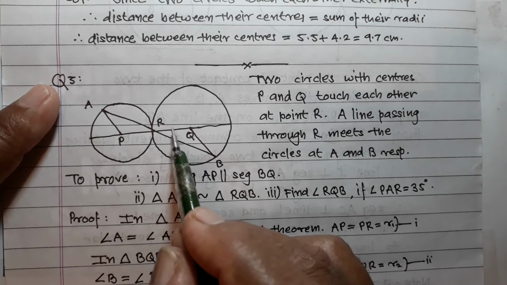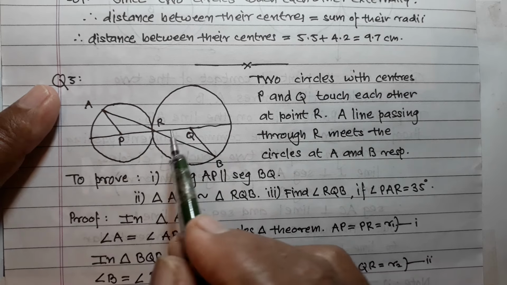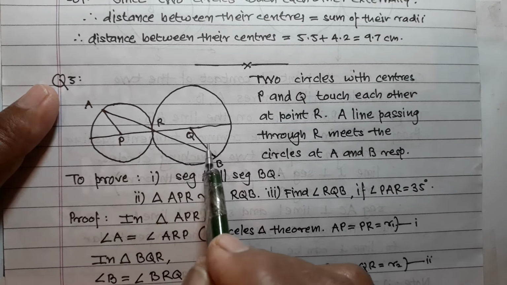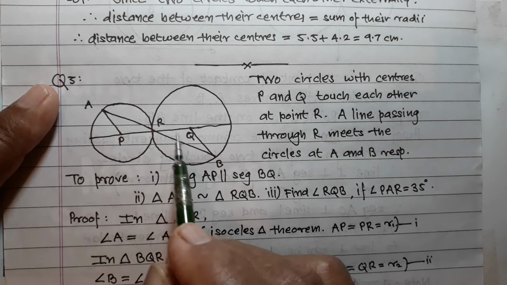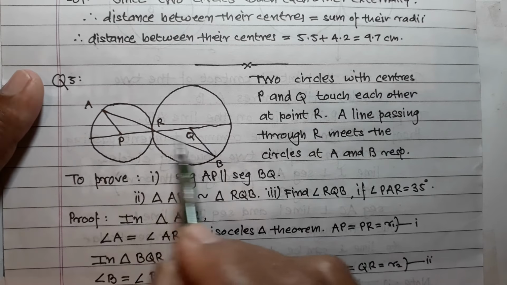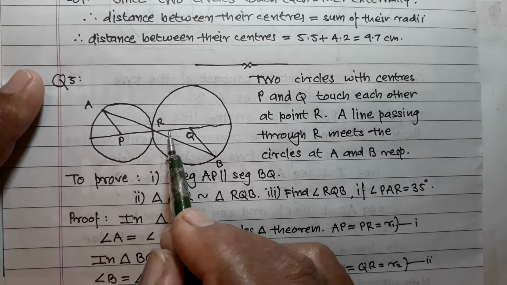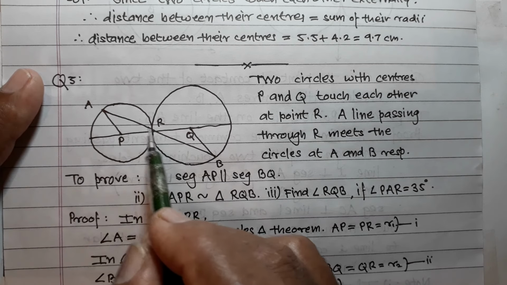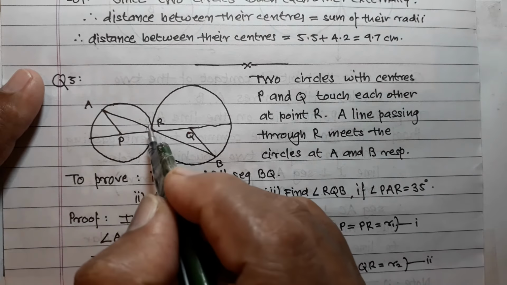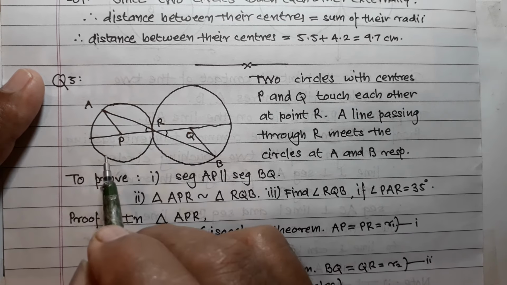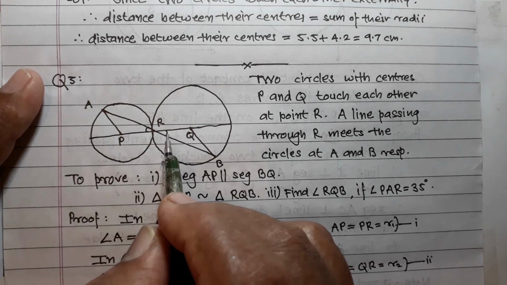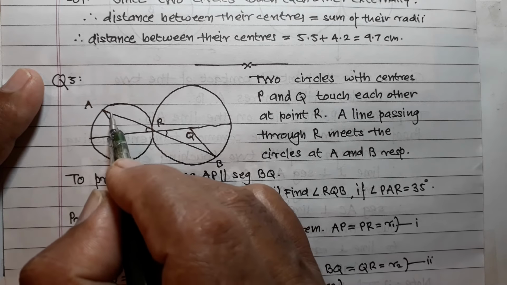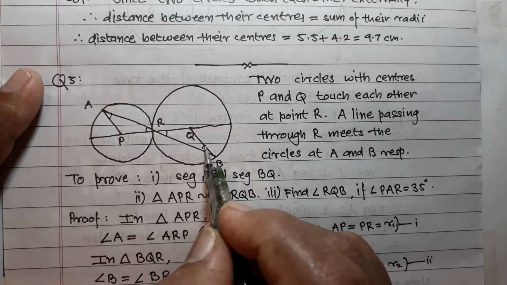Similarly in this triangle, this side and this side are equal, so it is an isosceles triangle, and therefore this angle and this angle are equal, because angles opposite to congruent sides are equal. These two angles at R are vertically opposite angles, so they are equal. Therefore angle A and angle B are equal.